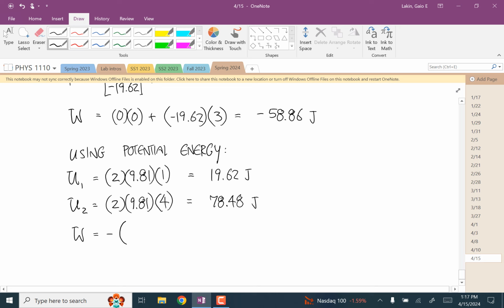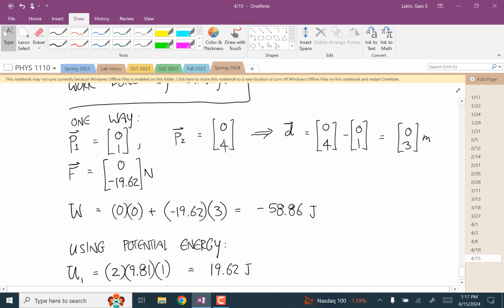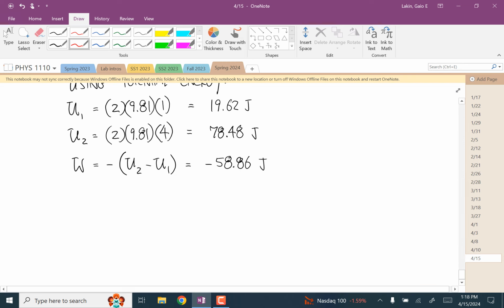So it's negative U2 minus U1. And you get negative 58.86. The first way of doing it is hard in a lot of cases. This way is always easy to do.